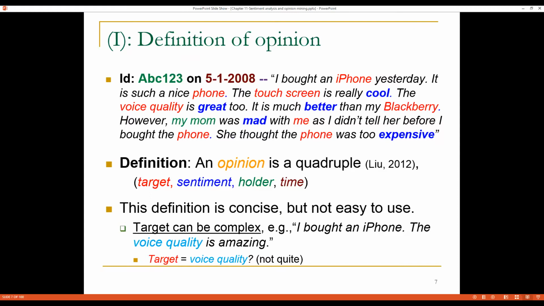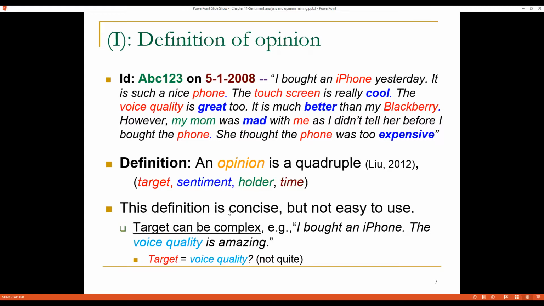She thought the phone was too expensive." So the target can be the iPhone, the sentiment is nice, which is positive, and the holder would be the user here, ABC123, and the time, May 1st, 2008.